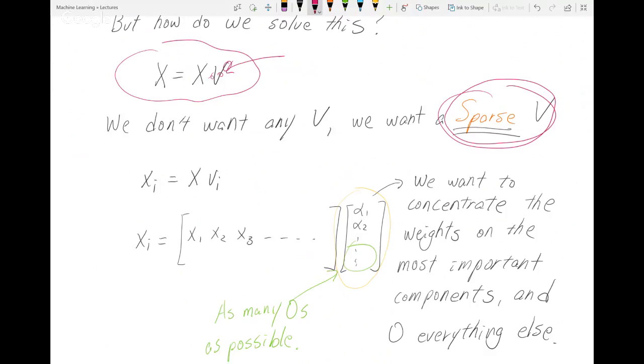The reasoning is, if we look at just xi and vi, which looks like this, we want to concentrate all the weights, all the mass, in the most important vectors. And we want everything else to be zero because we don't want to bother with them. So we want this vector to be very sparse.